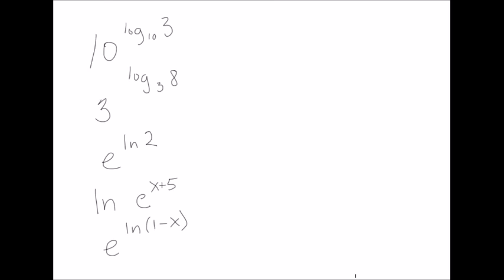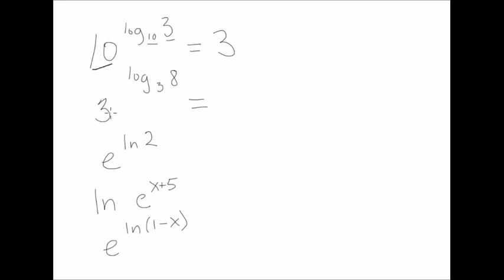So now we'll do a few examples where we're using the definition of the inverse function just in the opposite direction. Here we notice we have 10 raised to the power log base 10 of 3. Since the exponent and the logarithm are inverse functions, 10 raised to the log base 10 of 3 is simply 3.